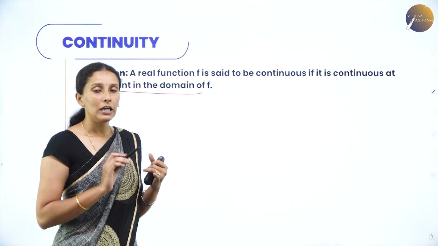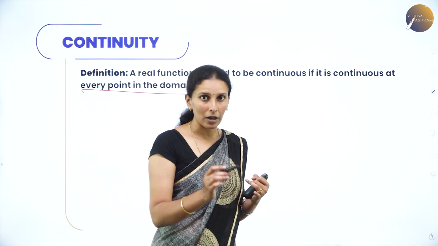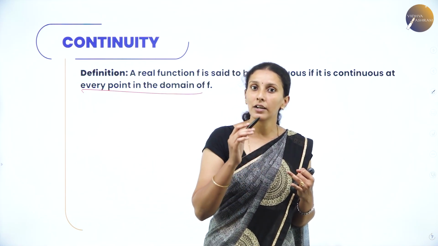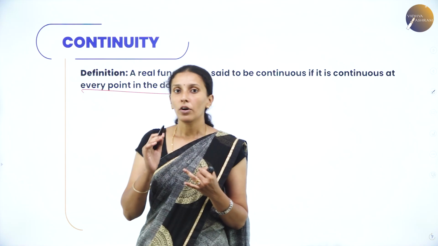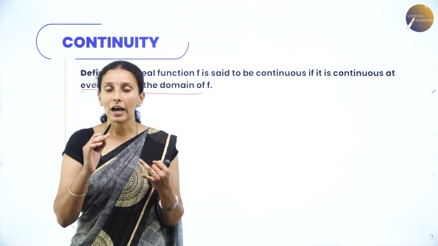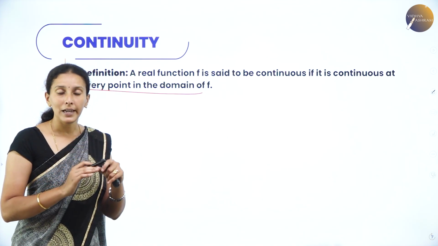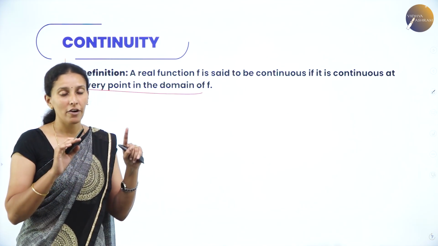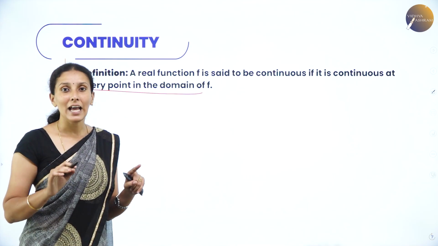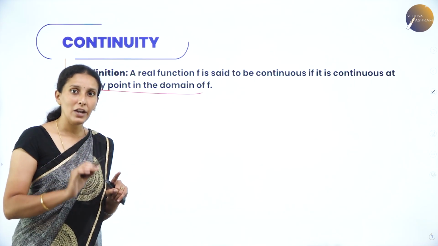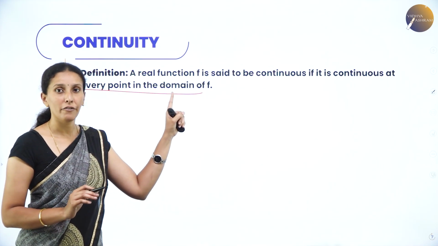So we say a function is continuous at a particular point, and a function is continuous throughout the domain also. Previously we have discussed the continuity of a function at a particular point. So here we are completely defining the continuity of a function over the entire domain of a function. Only then we say that it is a continuous function.